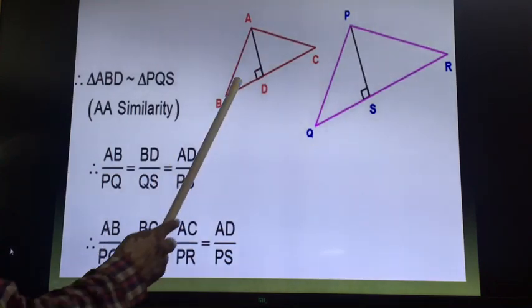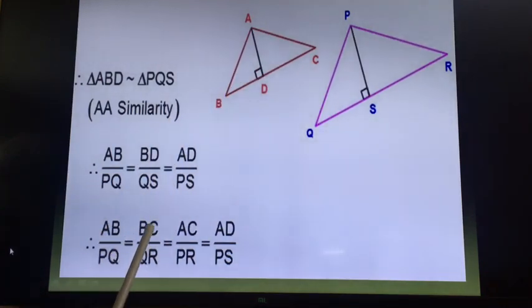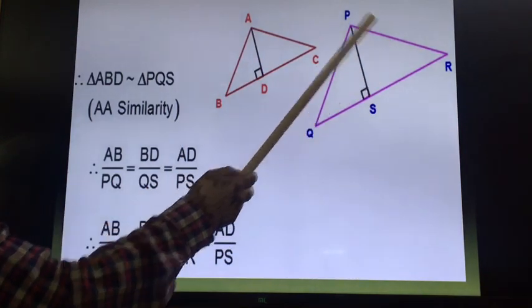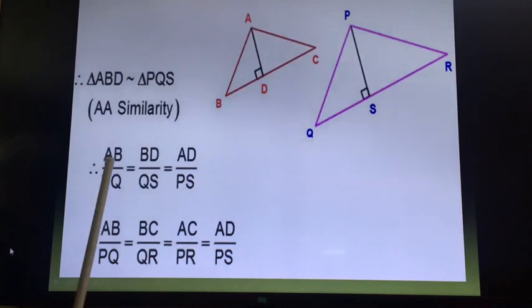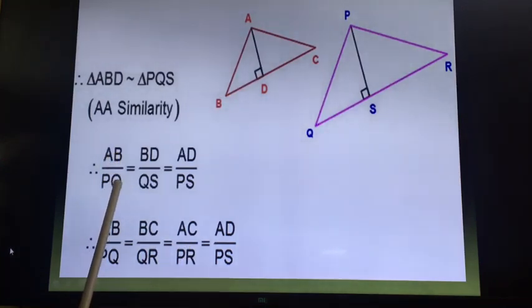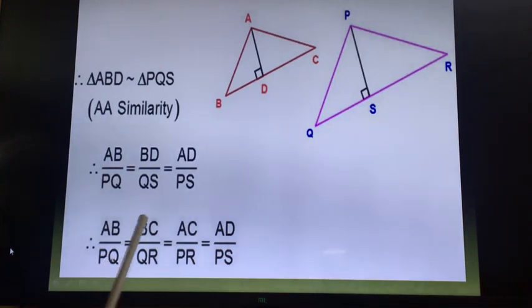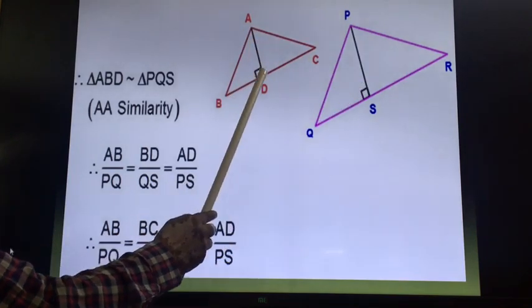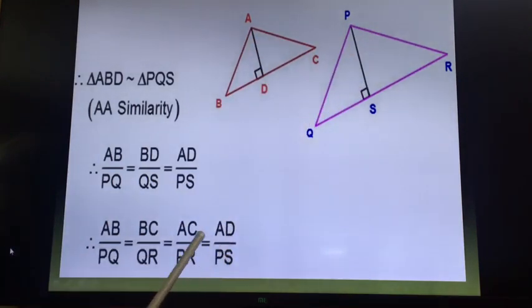So we can write AB upon PQ is equal to BC upon QR is equal to AC upon PR, because triangle ABC is similar to triangle PQR. And we have proved in this equation AB upon PQ is equal to AD upon PS, and AB upon PQ is appearing here. So this is also equal to AD upon PS. So we have proved that ratio of the altitudes AD upon PS is equal to ratio of their corresponding sides.